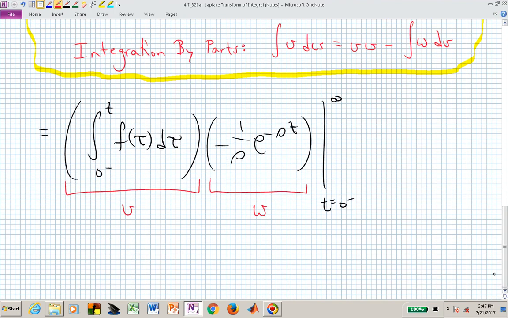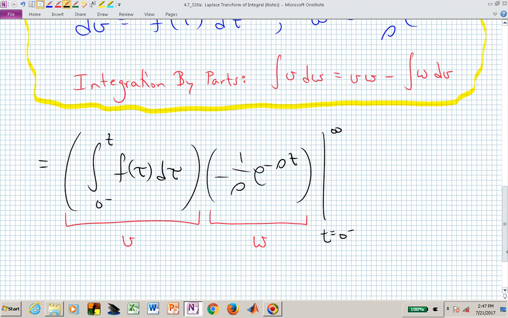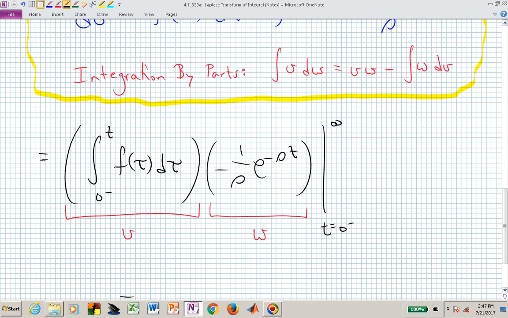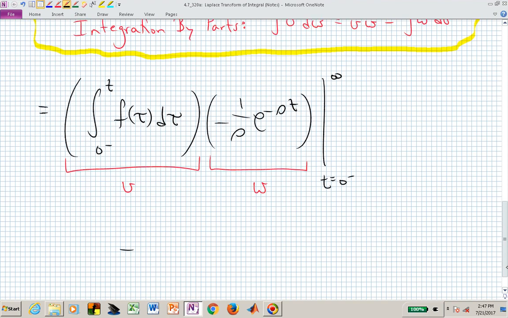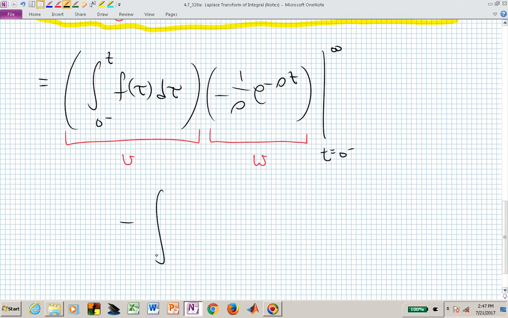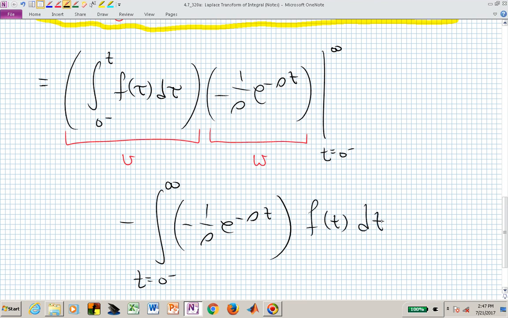Now we subtract from that the integral of w dv, the last part of the integration by parts. We're subtracting the integral from t equals 0 minus to infinity of w, which is minus 1 over s e to the minus st, dv, which is f of t dt.